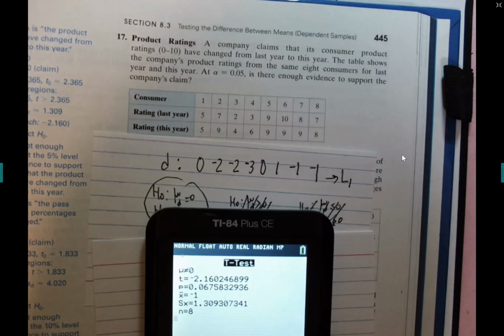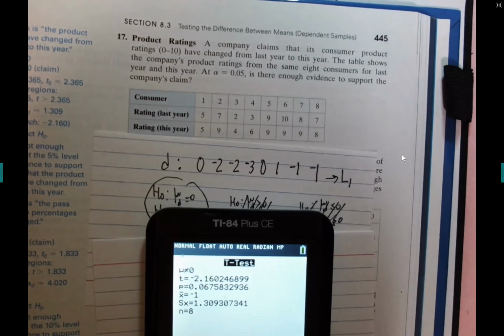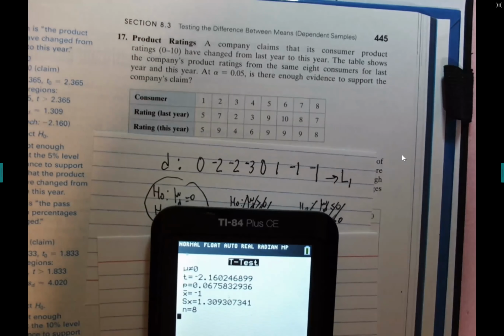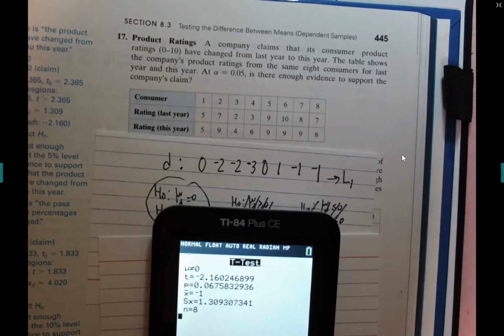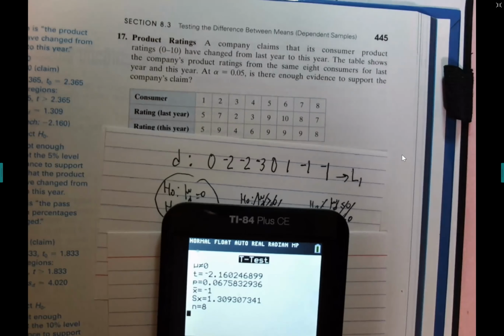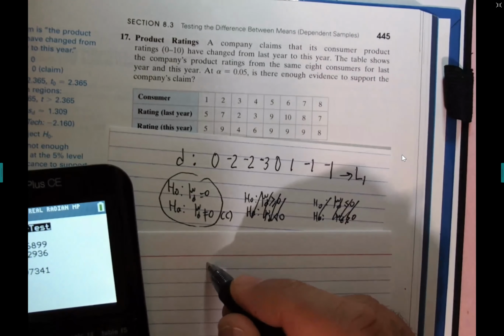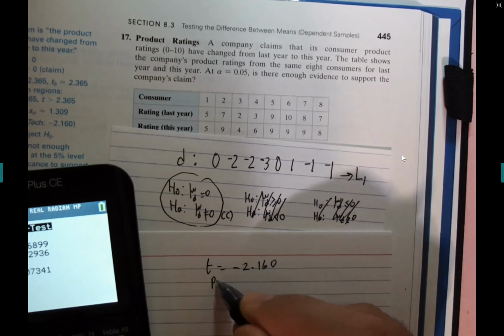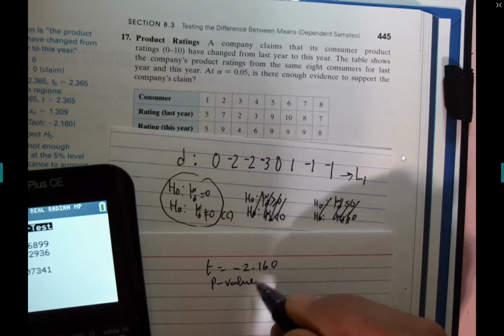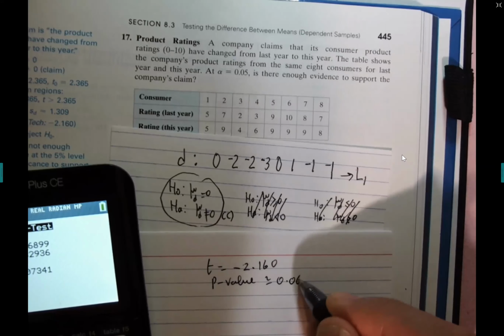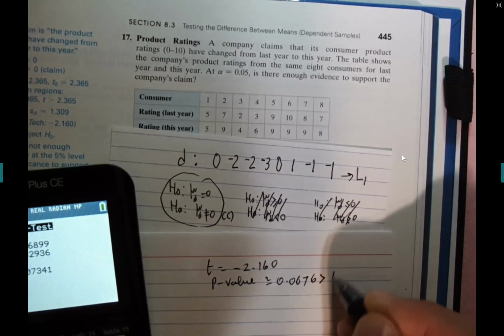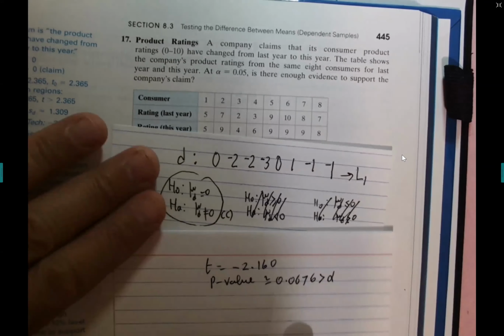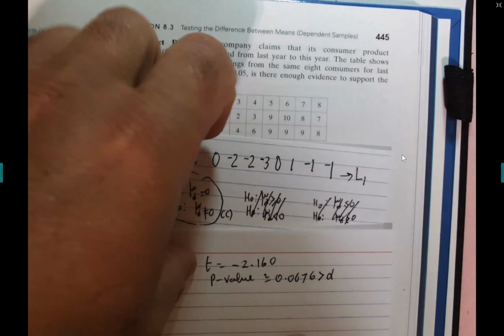Okay. So T is -2.160 and the p-value, guys, is 0.0676. And he wants that at alpha 5%. 0.0676 is more than alpha. So we fail to reject H0.